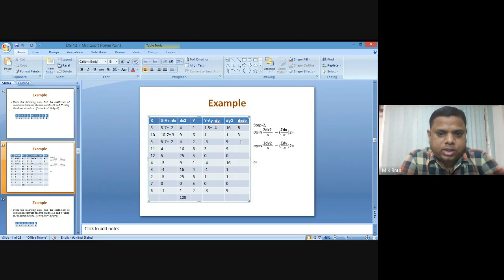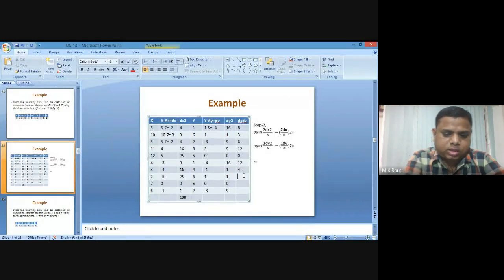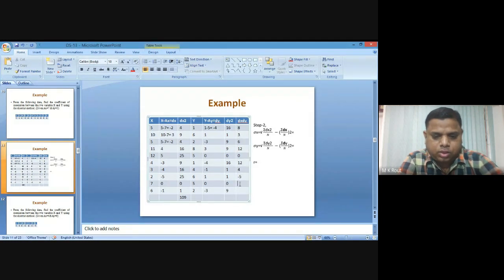Minus 2 into 3 is minus 6. 4 into 3 is 12. 5 into 0 is 0. Minus 3 into minus 4 is 12. Minus 4 into minus 1 is 4. Minus 5 into 1 is minus 5. The last one is 0.